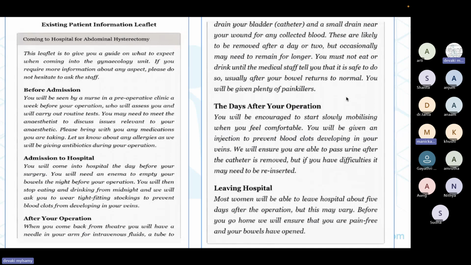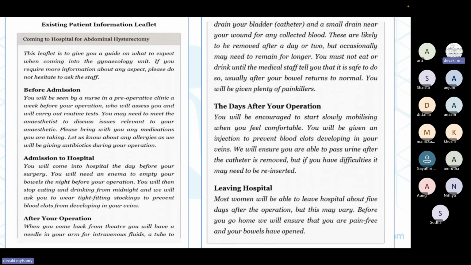Okay, that is very important. And once they started tolerating orals, they can be started on orals as early as possible. And plenty of painkillers as per the body requirement needed here. So those points need to be mentioned very clearly, along with avoiding opiates, which needs to be mentioned here. They had not been mentioned here, so that needs to be mentioned in a crystal clear manner.